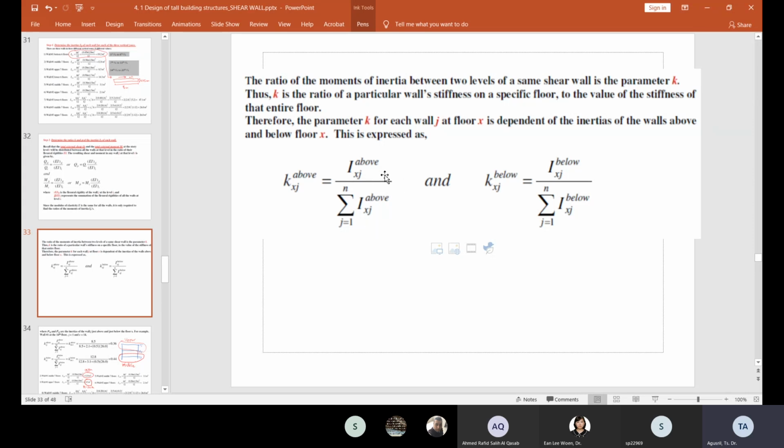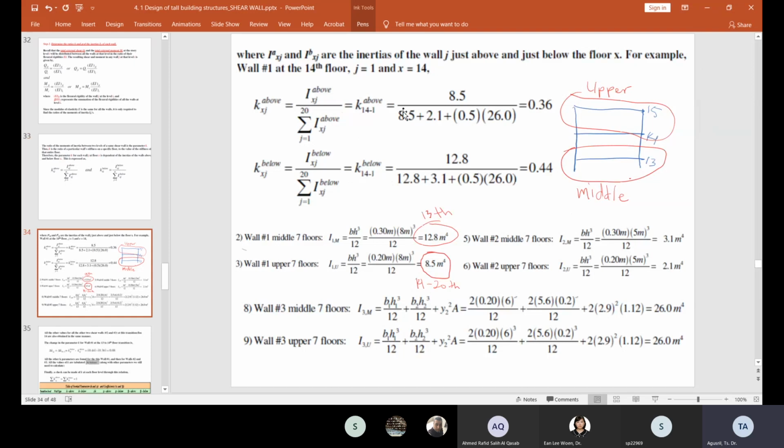Above and below also appear here. In this example, we need to determine the moment and shear at level 14, so above 14 is floor 15, and below 14 is floor 13.